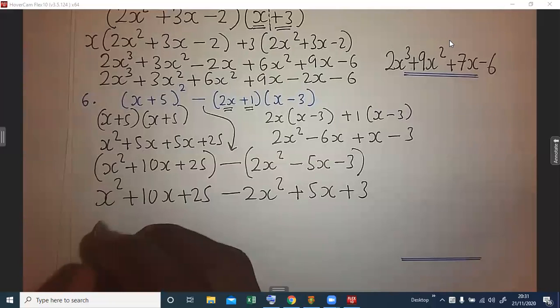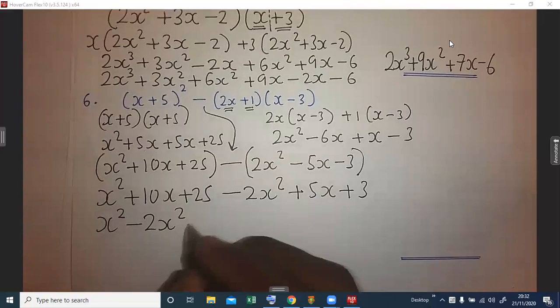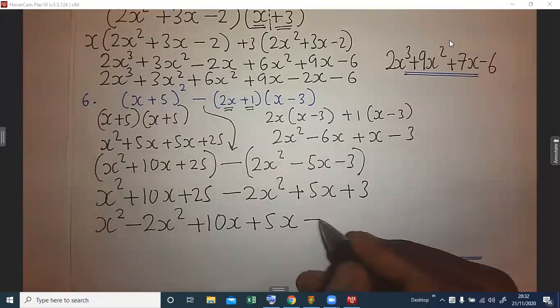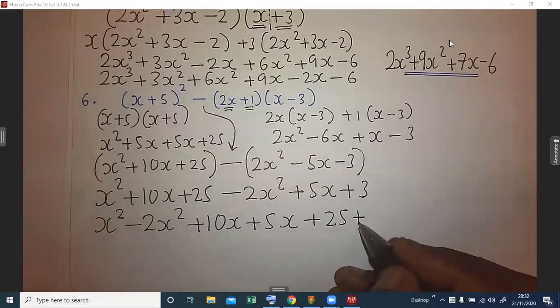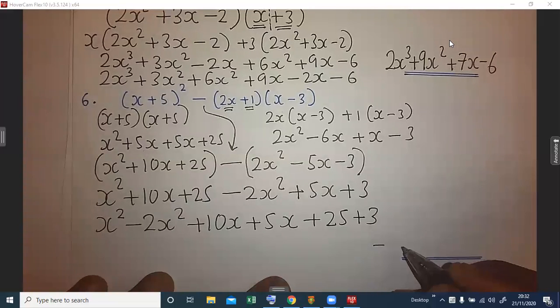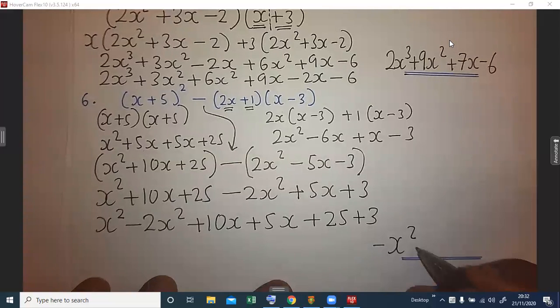Then we collect like terms as we have done before. That is for x squared. And that is for x. And the last part is for the constant values. So 1 minus 2 here, I will end up with minus x squared. 10 plus 5, I will end up with 15x.